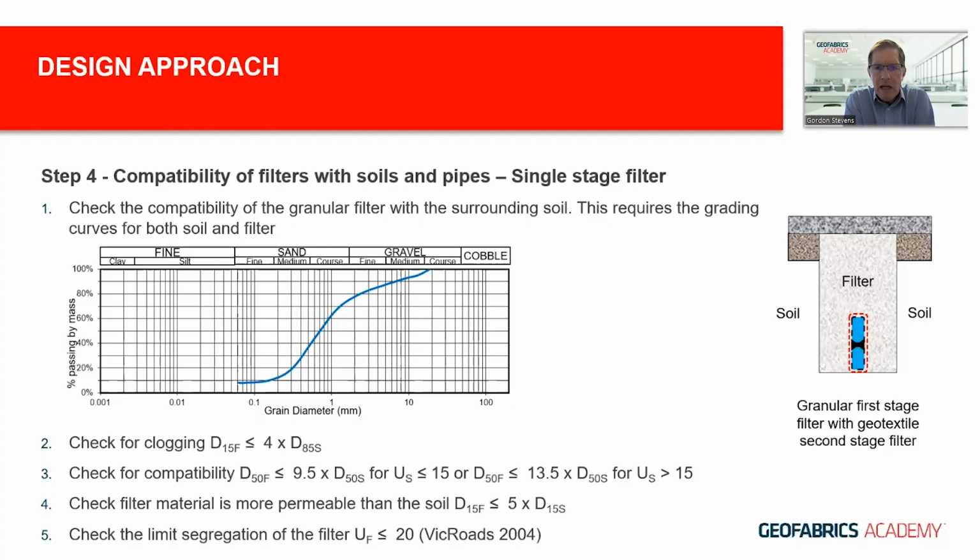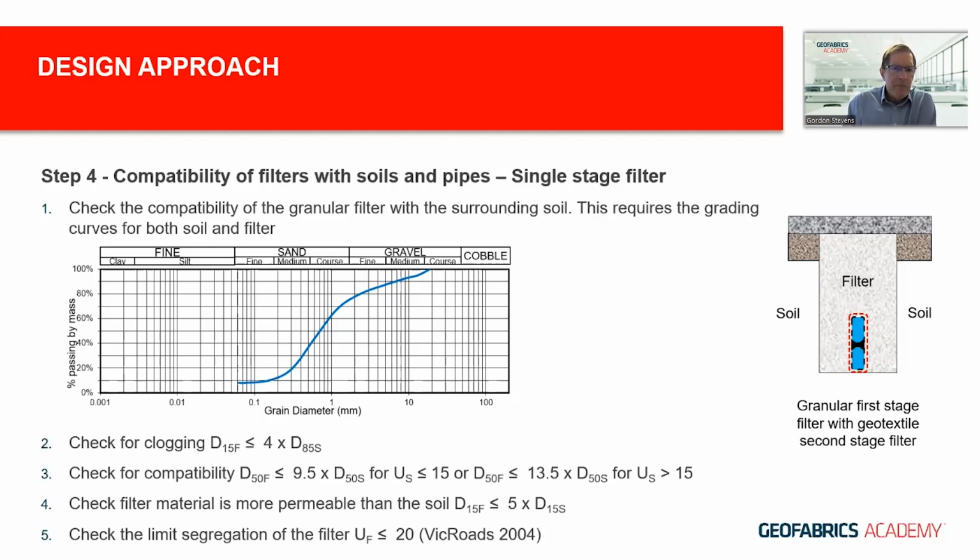From there, you would obtain your coefficient of uniformity, which is your D60 over your D10, and you'll get various D15s and D85s for the different materials.